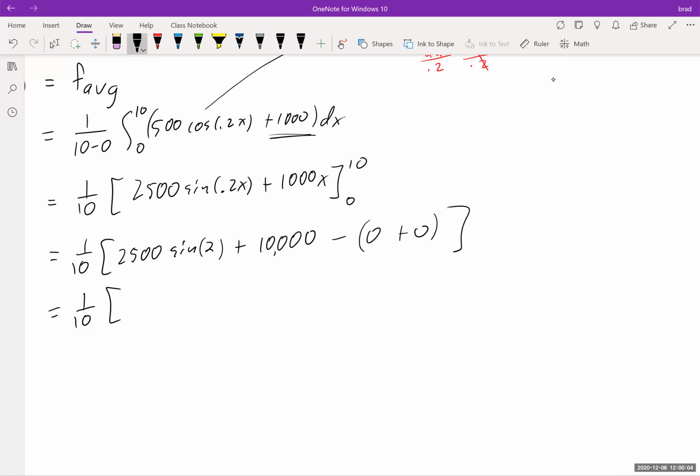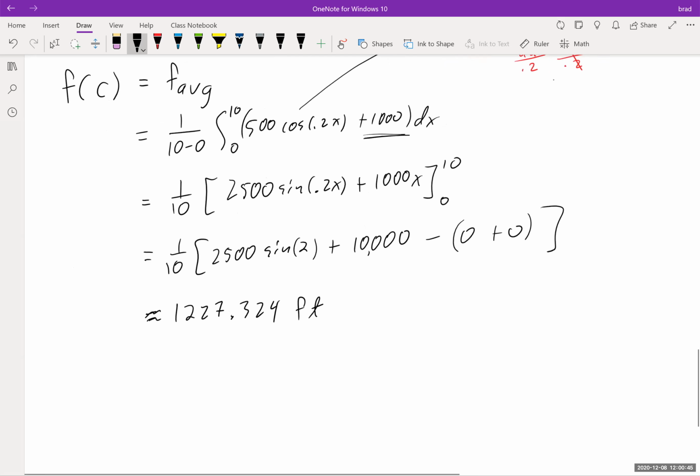Now let's do it on our calculator. I'll just put it in straight up. So 2,500 times, let me make sure I'm in radians, the sine of 2 plus 10,000, times 1 divided by 10. Or I could have just divided by 10. Sorry about that. So we get approximately, let's round to 3 decimal places, 1227.324 feet.